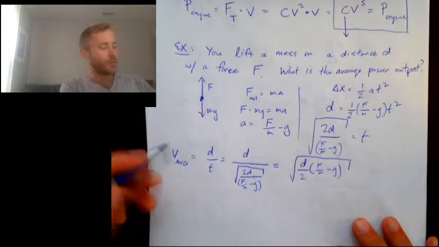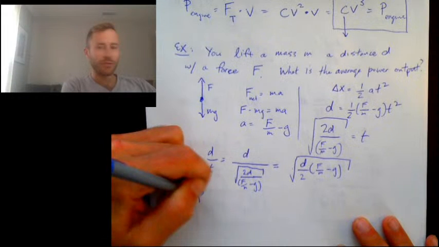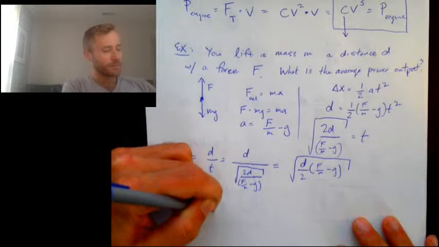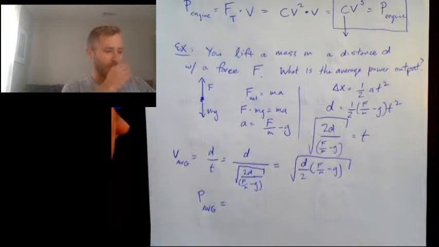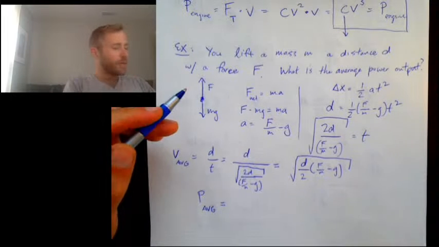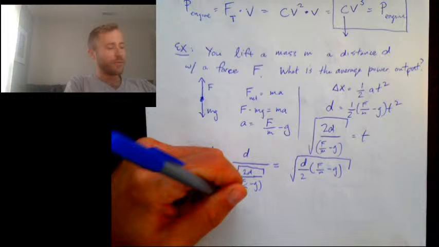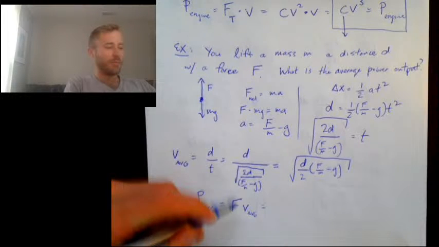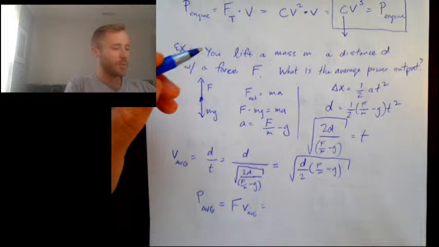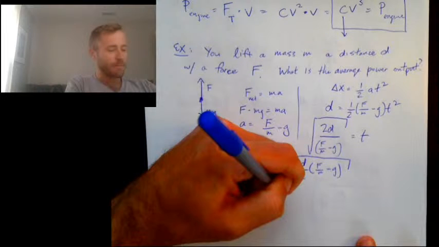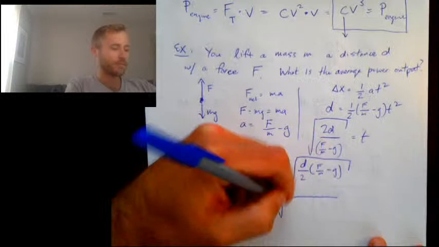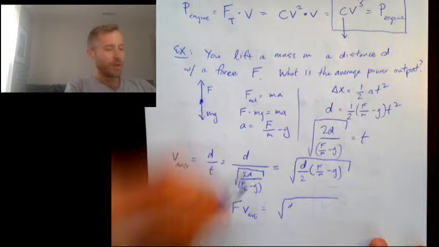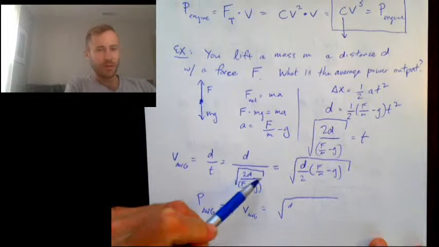And so if we want to get the average power, I think I did this right. I would do force times the average velocity, which would basically take this and multiply it by force. Now when I multiply F into the square root, I'm going to square it.